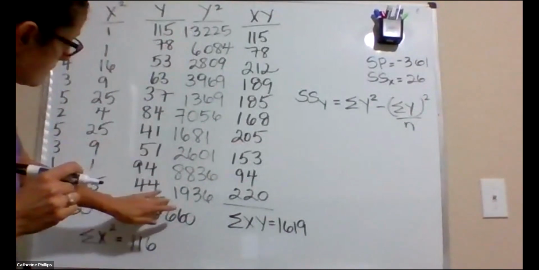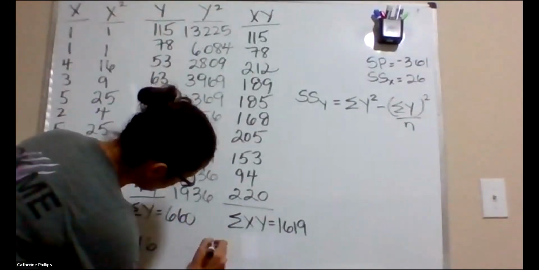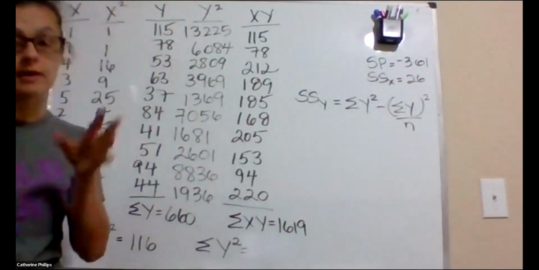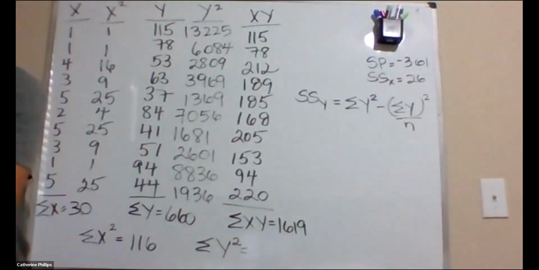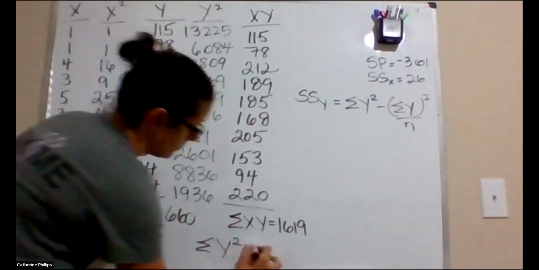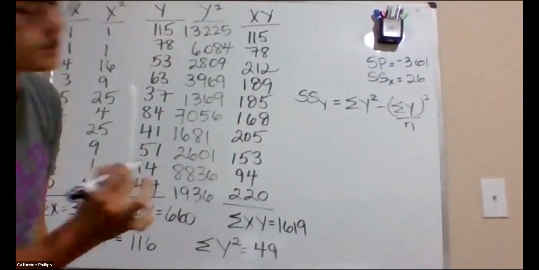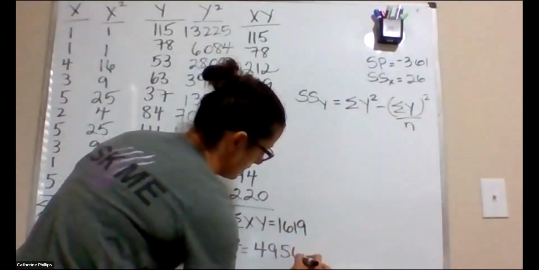Adding up these 10 numbers, the sum of each Y squared added up, is 49,566.